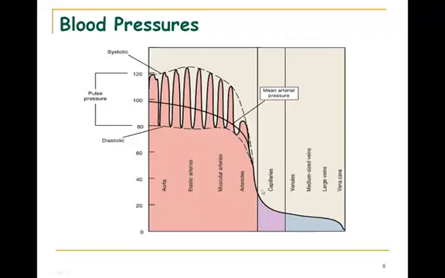It's plenty. We'll still be able to have enough pressure so I can get exchange there in the capillaries. That pressure will continue to drop. By the time you make it to the right atrium, that pressure should be near zero. So right before it enters the right atrium, it's going to be about 0 millimeters of mercury.